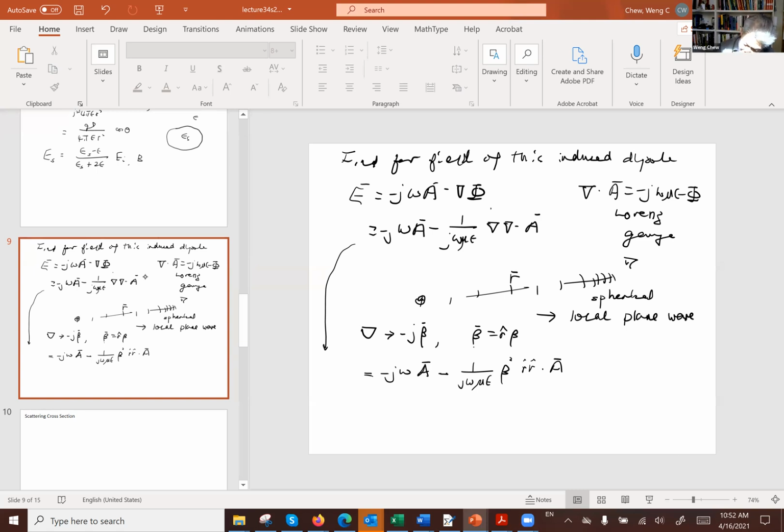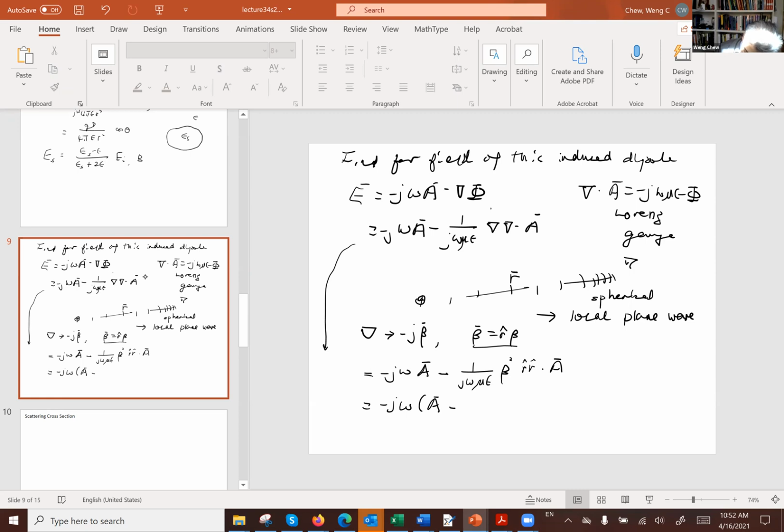Because I have let beta equal to that, and when I plug that in, I get the two of them, and the two of them will make this r hat dot A. And then I can write this as being equal to minus j omega A.